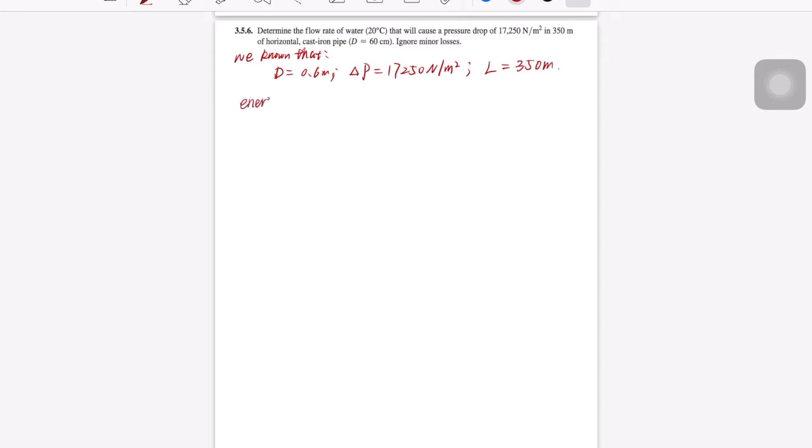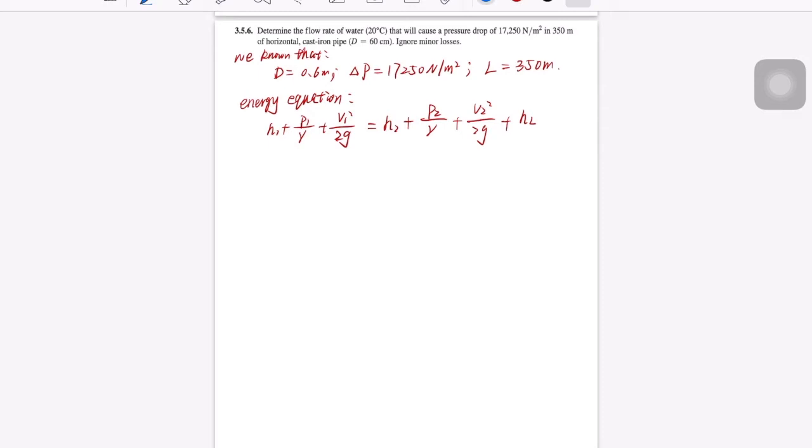And then we'll write the energy equation. H1 plus P1 divided by gamma plus V1 squared over 2G equals H2 plus P2 divided by gamma plus V2 squared divided by 2G plus the loss of head.